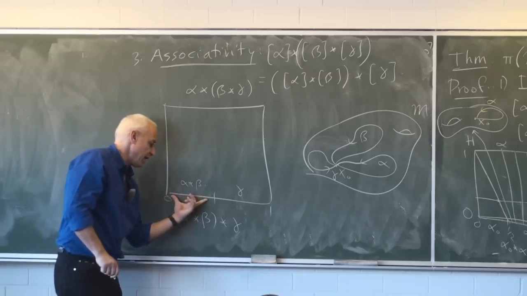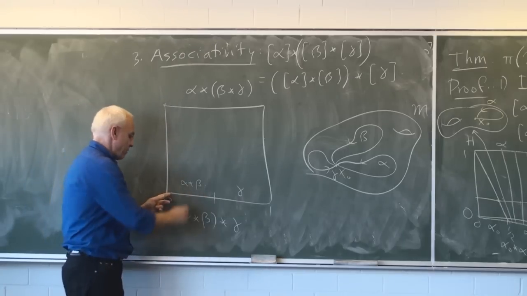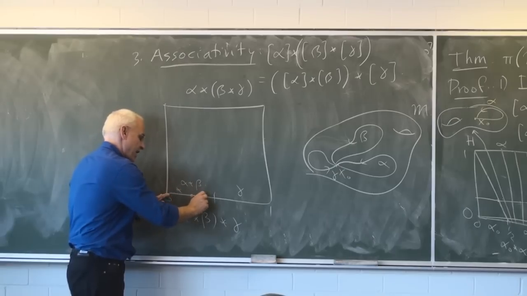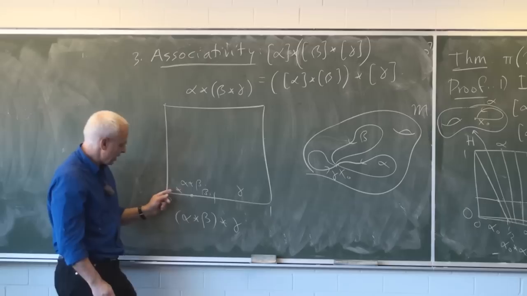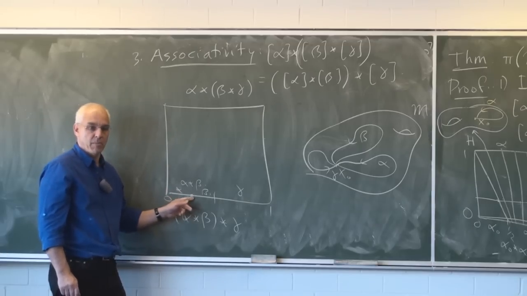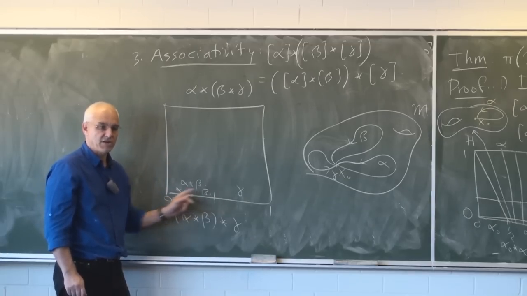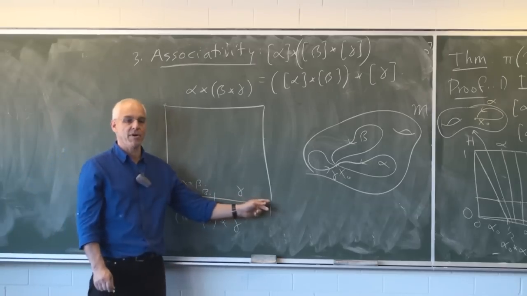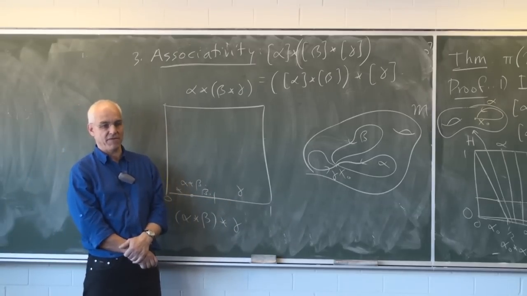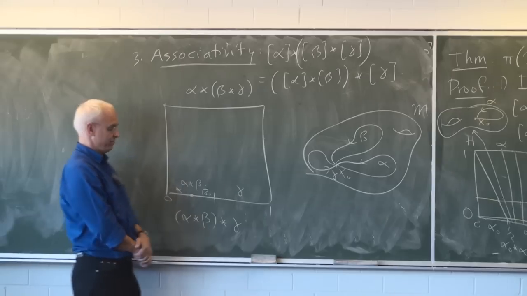And what is alpha times beta? Well, that's what we get by going half alpha and then half beta. So this curve is really, we're going alpha very quick, beta very quick, actually 4 times the original speeds, and then gamma relatively leisurely, only twice the speed as originally.